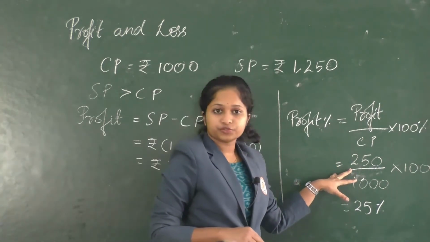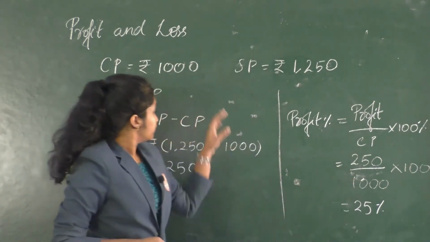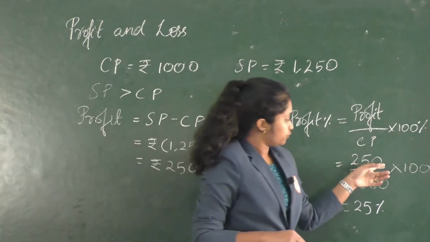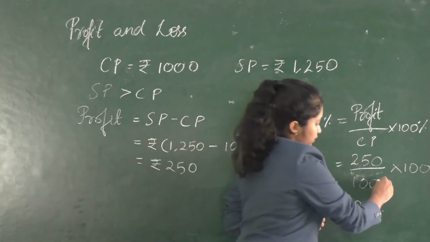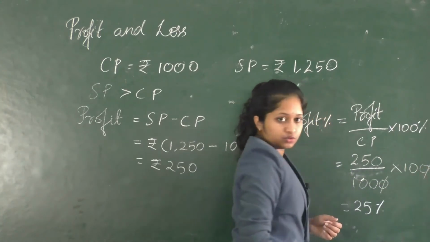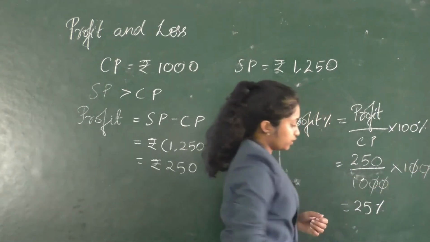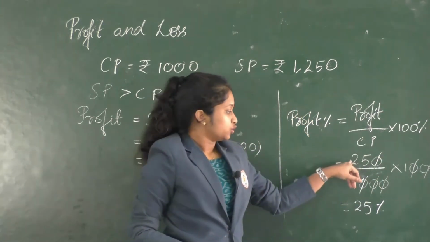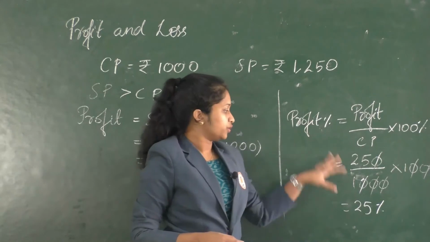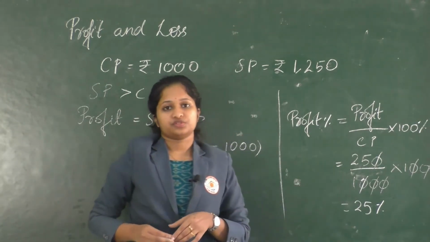So the profit is 250 and the cost price is given as 1000. So 250 by 1000 into 100. Now let's cancel these zeros. One zero, one more zero here, and one more zero. So we get 25%. So the profit percent is 25%.